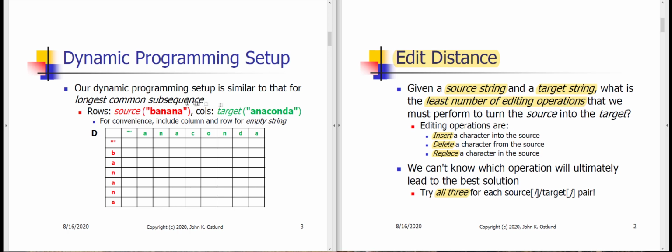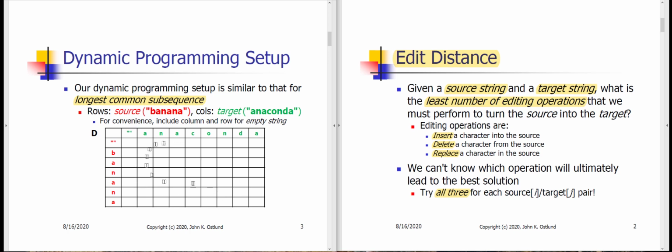The setup for this, without getting into the whole recursive setup and so on, is going to end up being very similar to the longest common subsequence problem that we looked at previously. We're going to have an array of cells with the target string at the top, and the source string, so the target string is for the columns and the source string is for the rows.